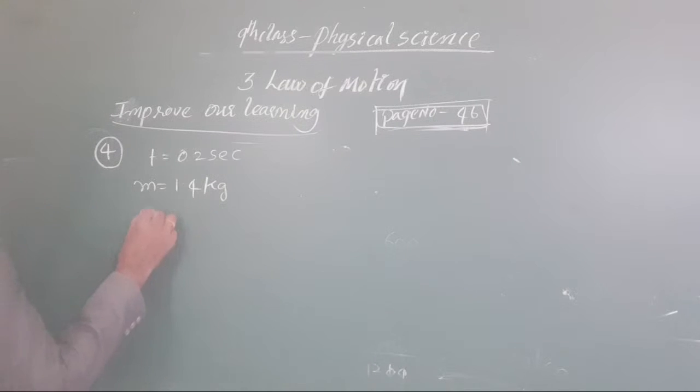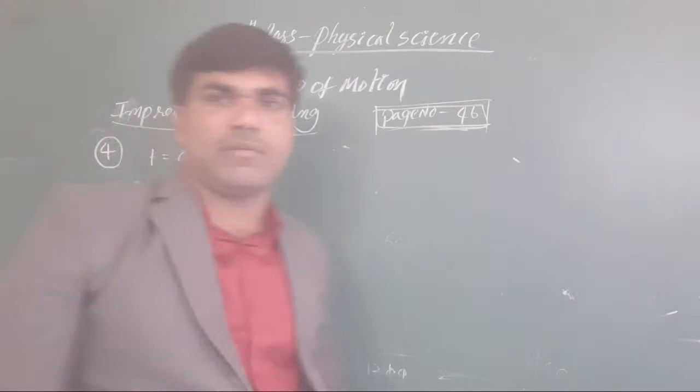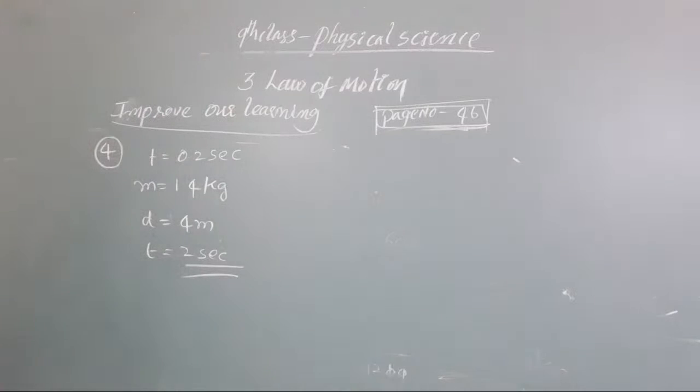The distance is given here, 4 meters, in the next 2 seconds. The time is taken as 2 seconds, given here. Okay, now first you have to find out the momentum.